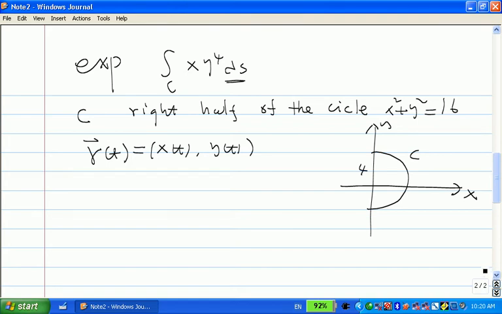Now this is a circle. For a circle, you are always able to write it like this, with the radius here, 4: x is 4 cosine t, y is 4 sine t. As long as your curve C is part of a circle, this always works.